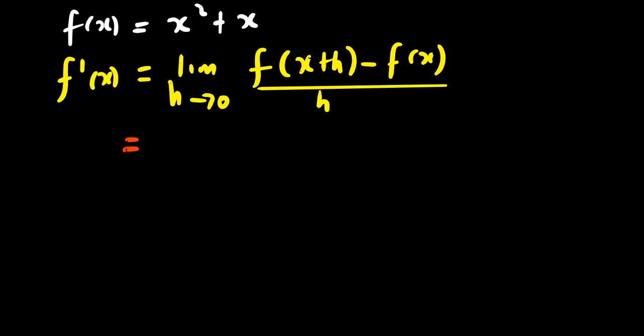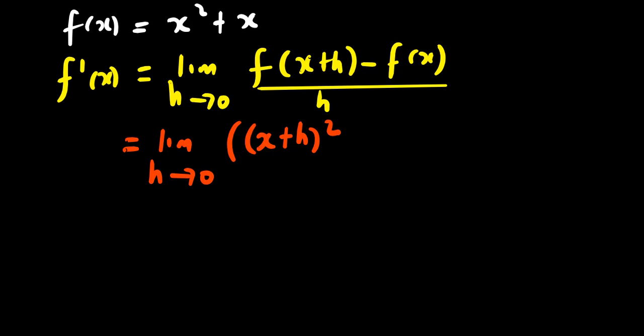So f prime of x will be the limit as h is approaching 0. Now wherever there is x, in the first expression we're going to replace it with x plus h. So I'm going to have x plus h where there is x squared, so I have x plus h, then this is squared.